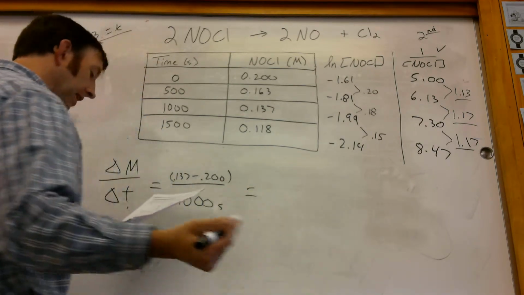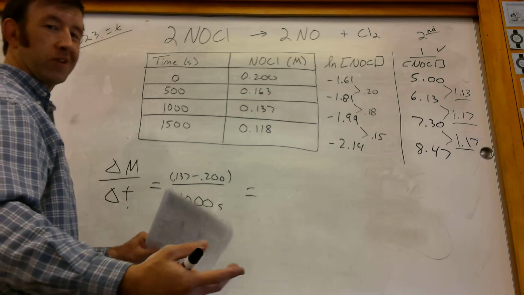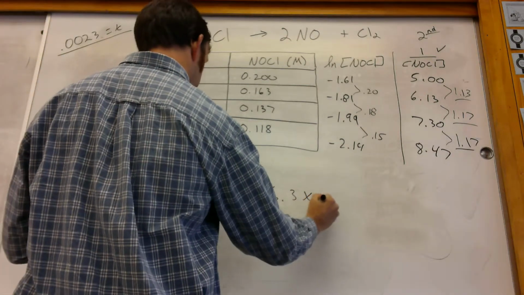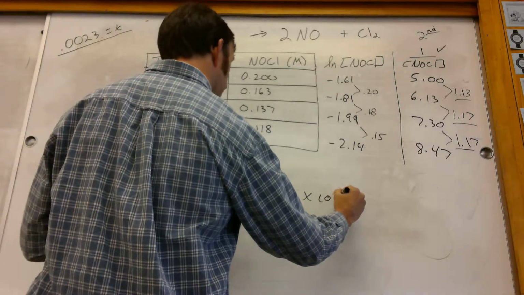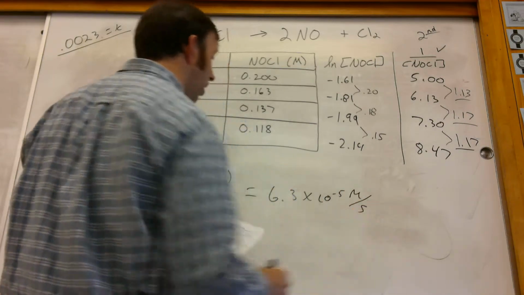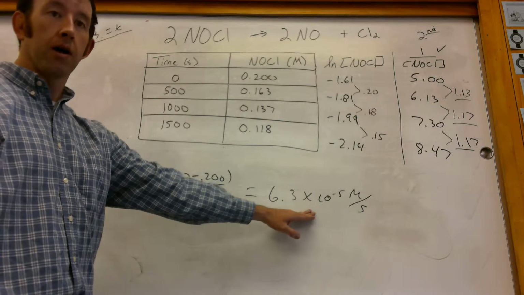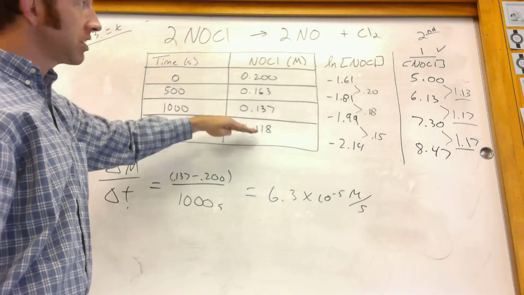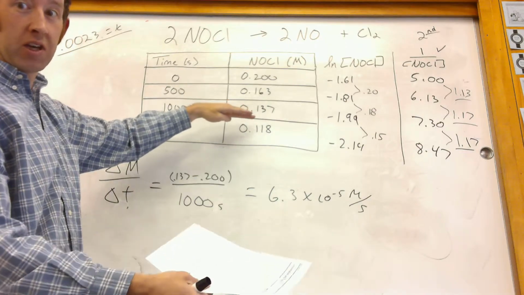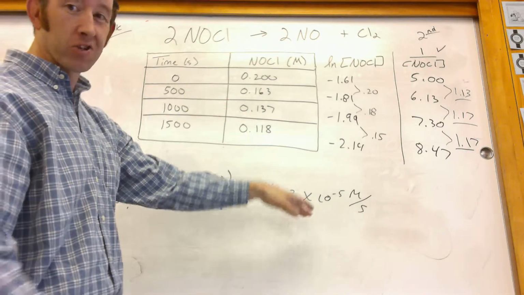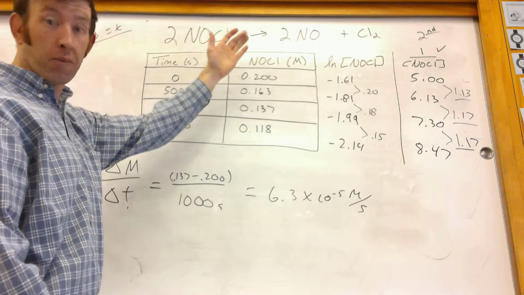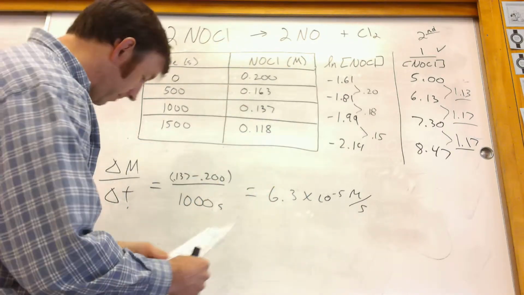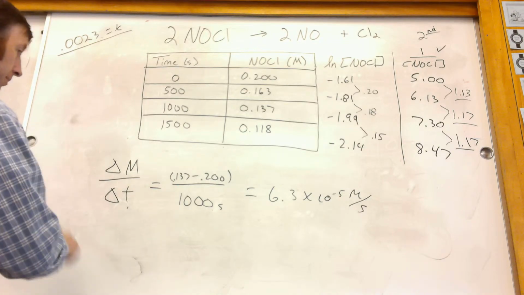Right? When I do that, I get a negative number, but remember, with rates, we just take that negative away, and that gives me 6.3 times 10 to the negative fifth molarity per second. Now, that's an average, right? Our rate is actually changing over time because my reactant amount decreases, my rate's also going to decrease with it. So this is just an average rate over that time period. So at the beginning, it's probably faster than this. Toward the end of the interval, it's probably slower than that. All right? Anyways, so that was letter D, by the way.